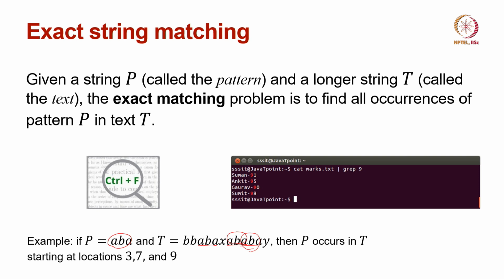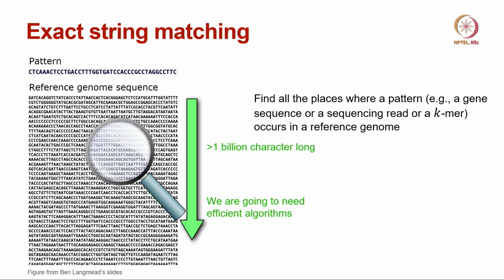So given this problem definition, how do we solve this problem? Before going to the solutions, I also want to make a point that exact string matching is also important for biological sequences. For example, one major application would be that suppose you are given a pattern of DNA sequence.